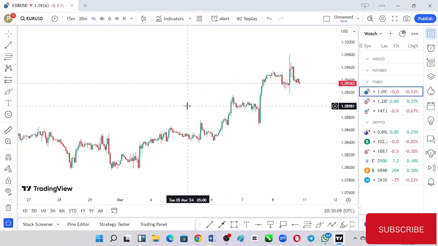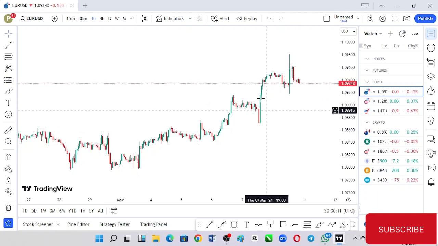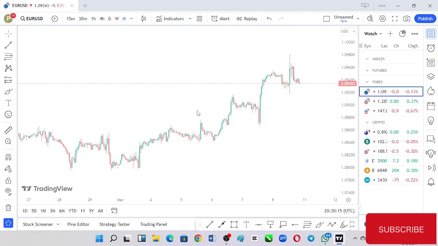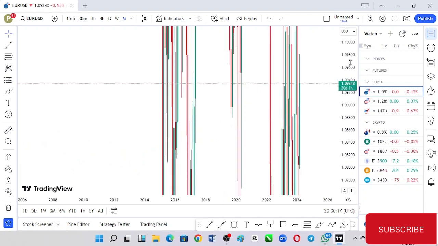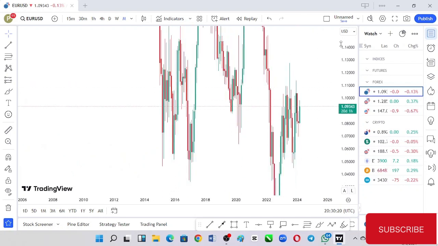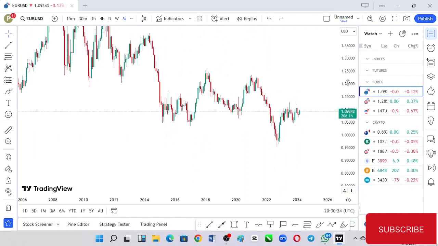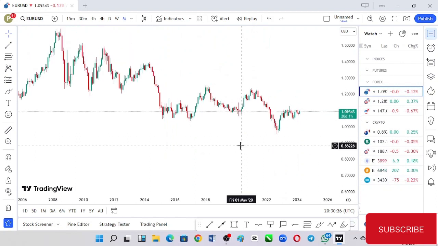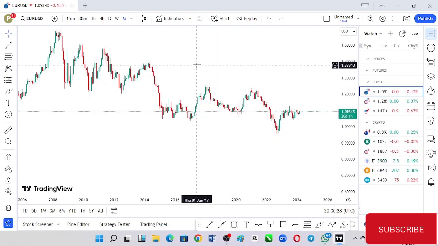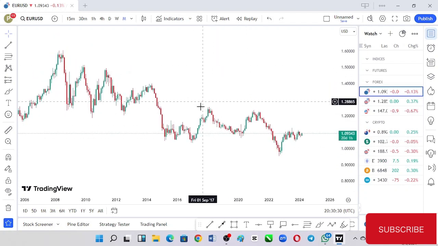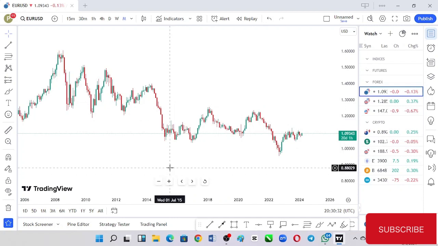So right here we have EUR USD, and what I normally do is that I check the chart from the monthly time frame to see what the monthly bias is all about. What exactly is the monthly telling me? And right now we could see that from the monthly time frame we have a downtrend market.